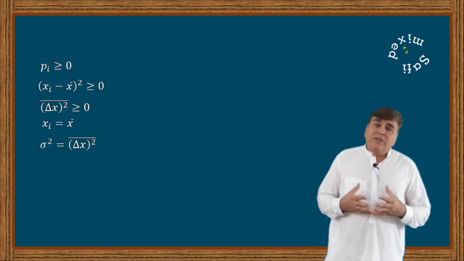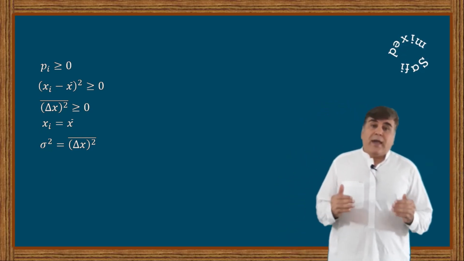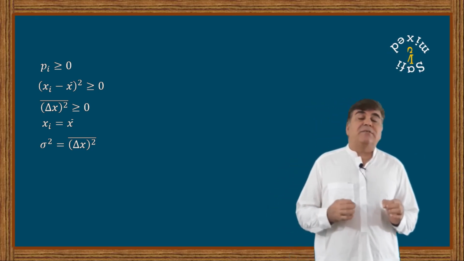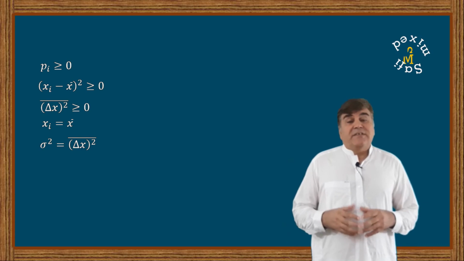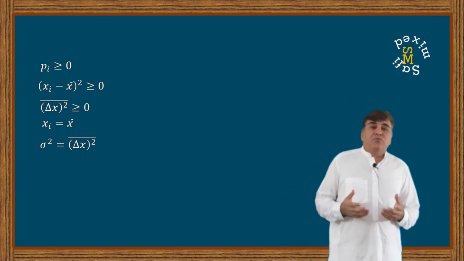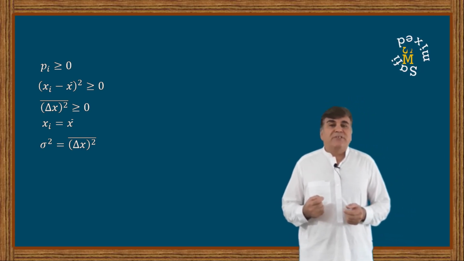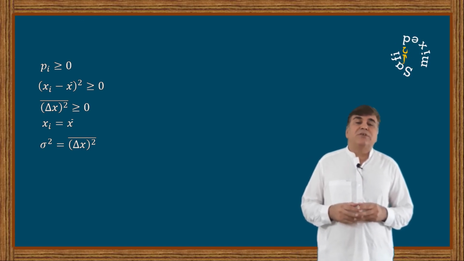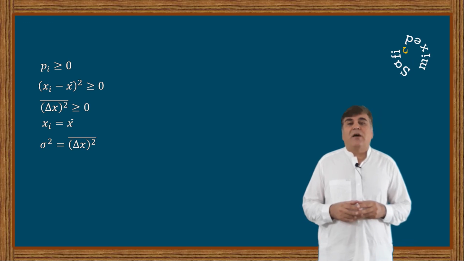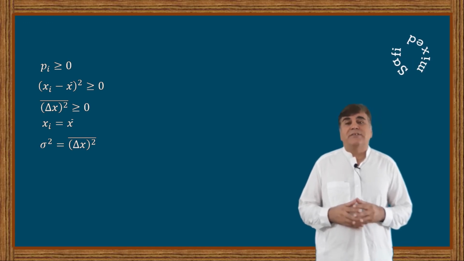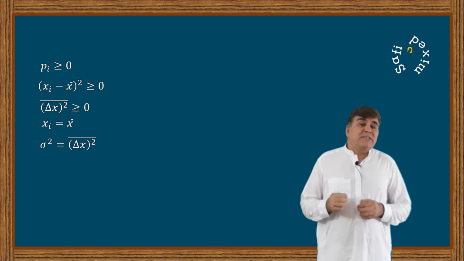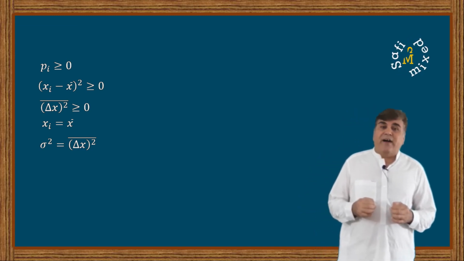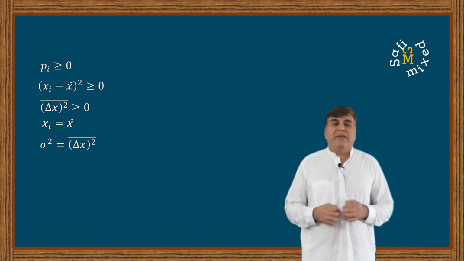From mathematical point of view, equation 6 is okay. However, from physics point of view, it is a little problematic. Since the variance is equal to the average of the square of the difference of a physical quantity, therefore its unit is square of the unit of that physical quantity. To avoid this difficulty, another quantity called standard deviation is defined through the square root of the variance.